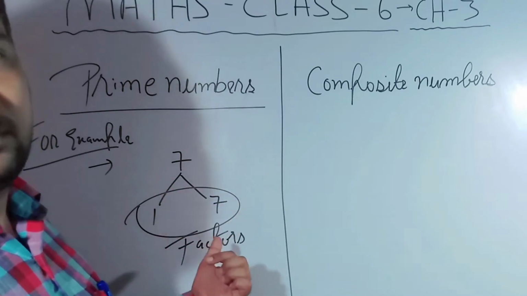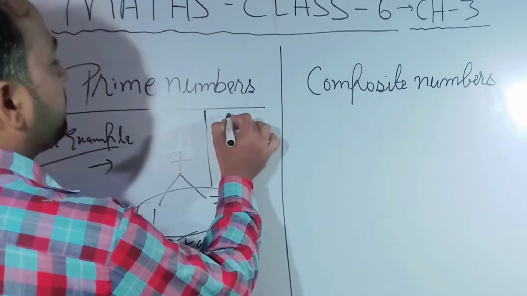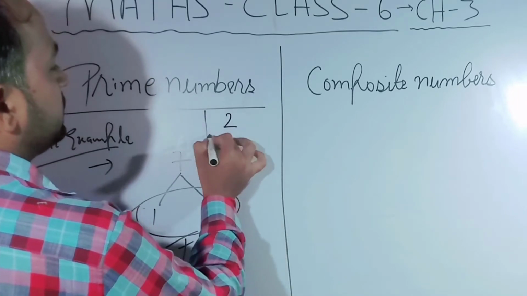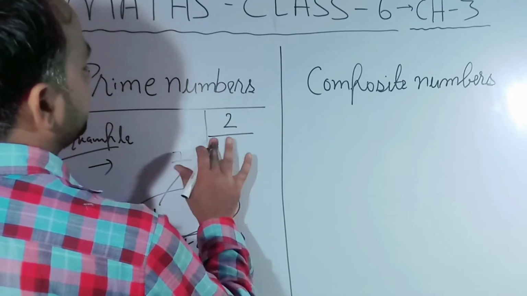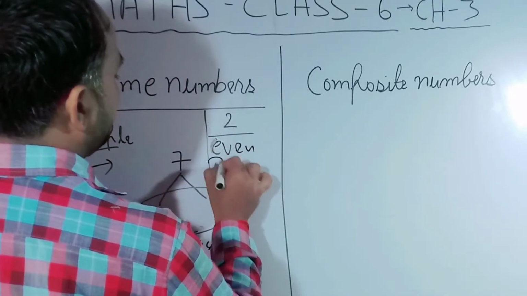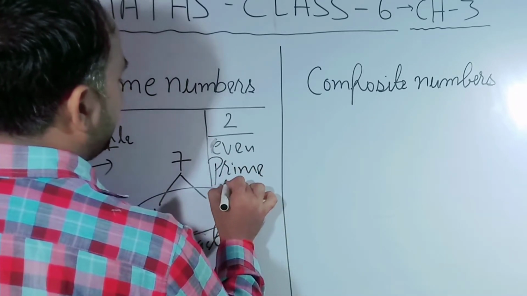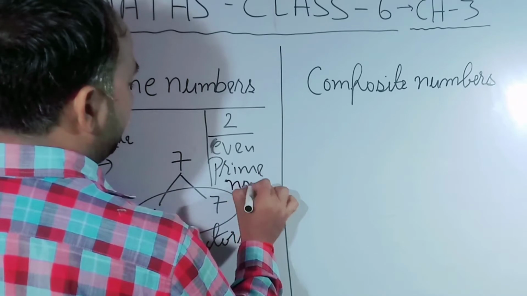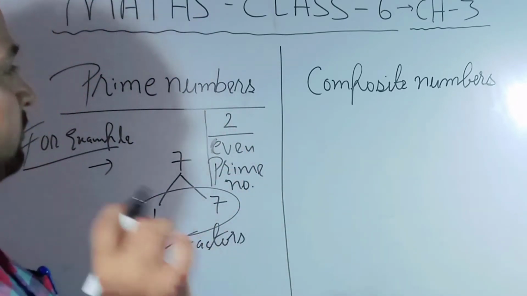called a prime number. The smallest even prime number is 2. Only 2 is an even prime number.